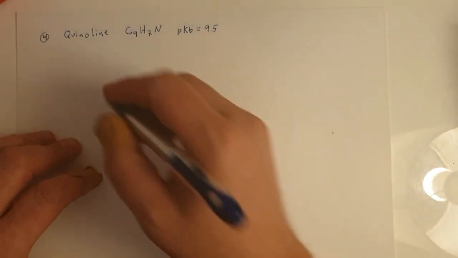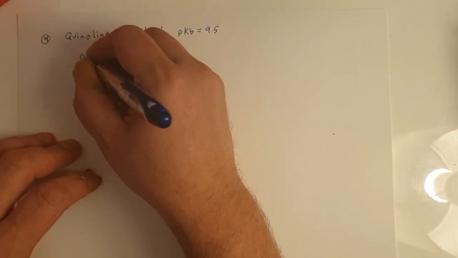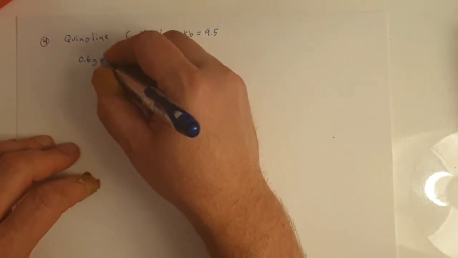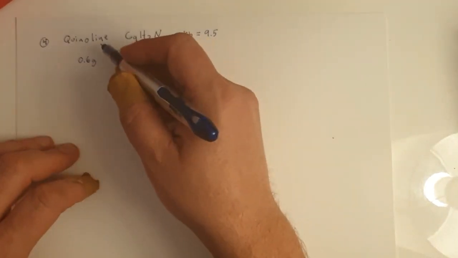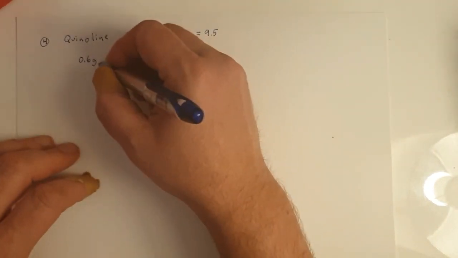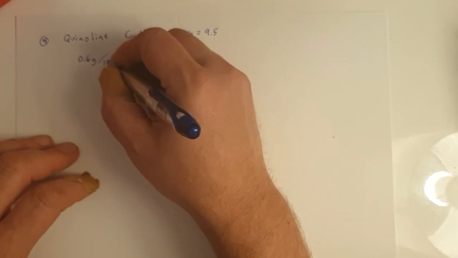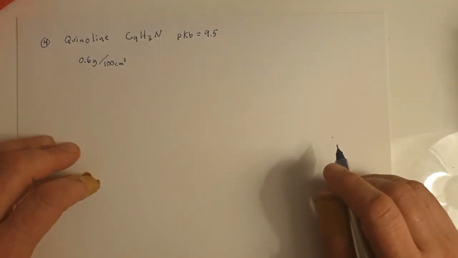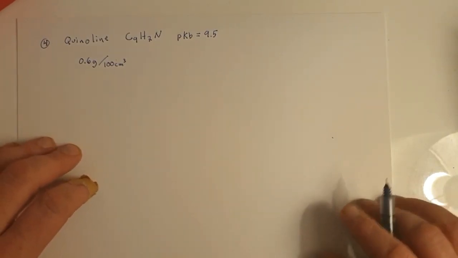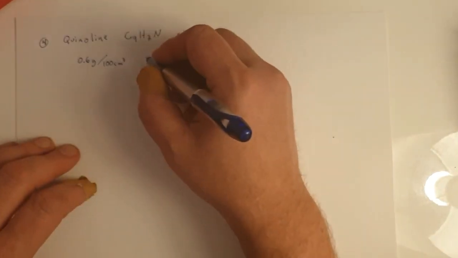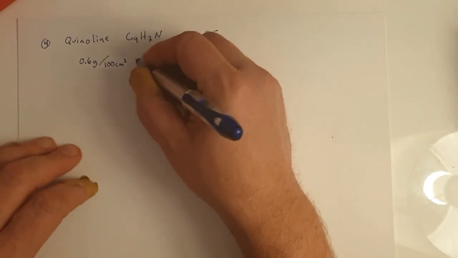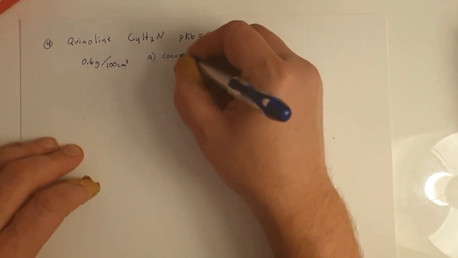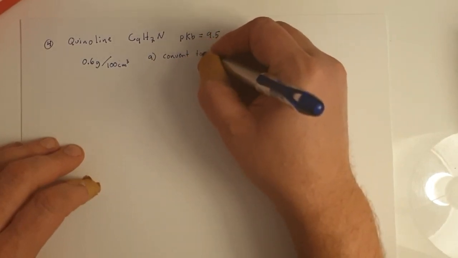The question also says that a saturated solution is about 1.6 grams of quinoline for 100 cubic centimeters. So we've got several little problems here that we have to solve first. First, A, we need to convert to moles.